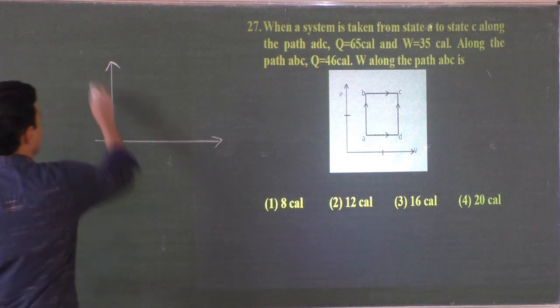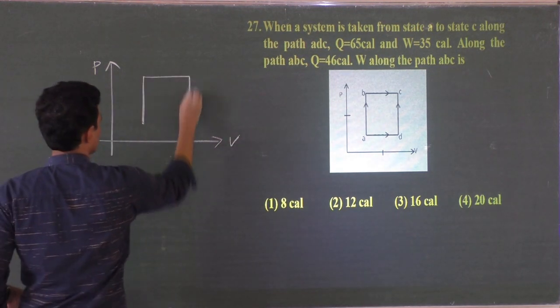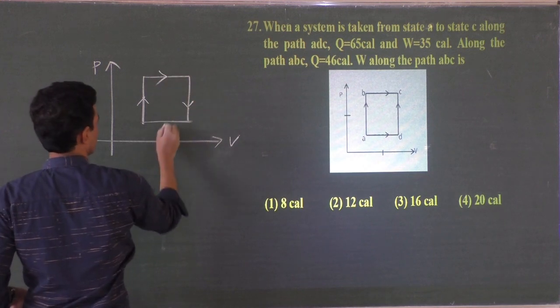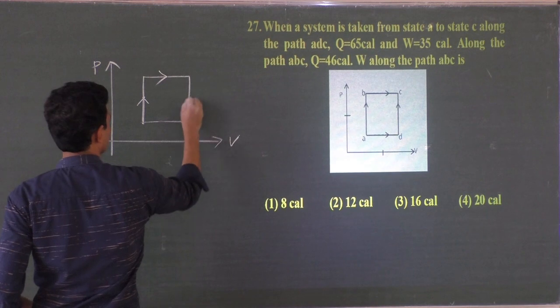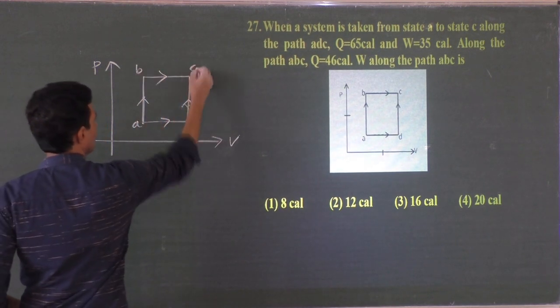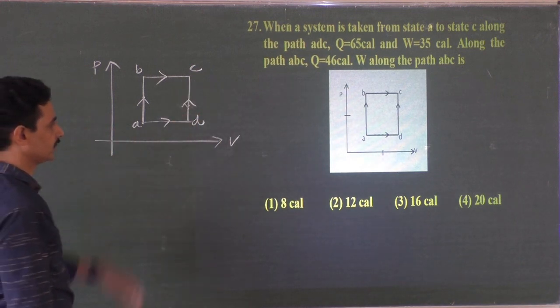Pressure versus volume, and here is the process shown, and you are moving like this. It is a cyclic process. And in two ways you are moving from A to C. You are moving from A to C via B, and once like this via D. ADC and ABC are the two processes.